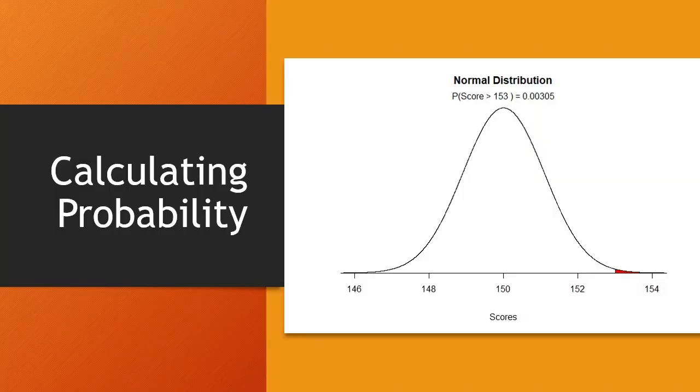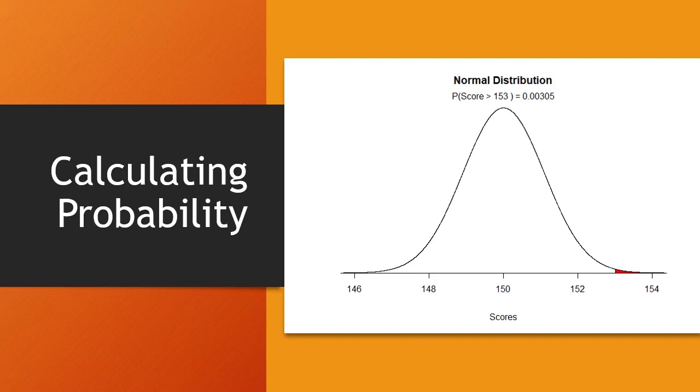Well, what I've done here is I have shown the probability with a little slice of red area that we will obtain a mean of 153 or even greater, that is, even more incompatible with our null hypothesis.